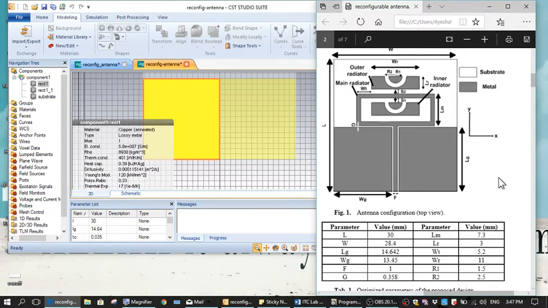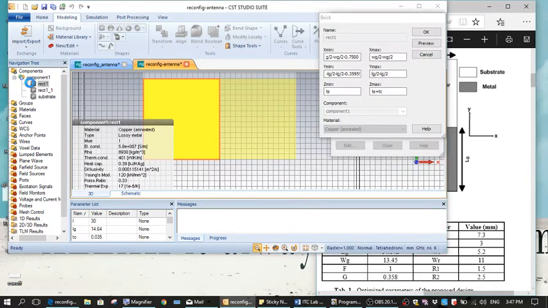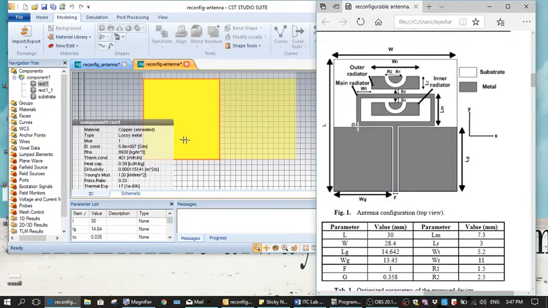So how can we achieve that? So let me see if my dimensions of WG, which is 13.45, are correct. So WG is 13.45. Yeah, they are correct. And LG 14.64. So the dimensions are correct, but the rectangles are not properly placed.